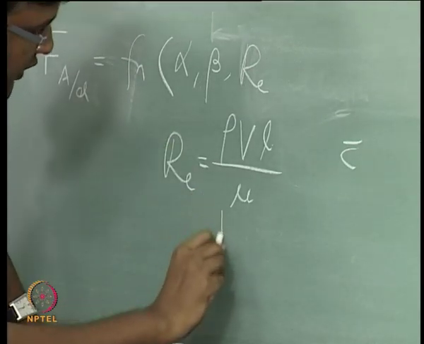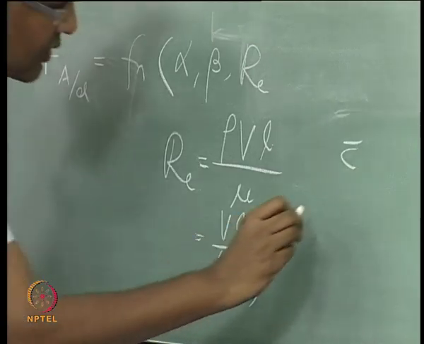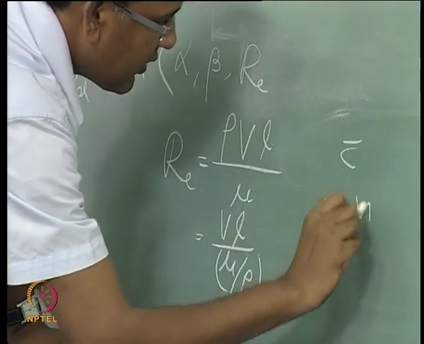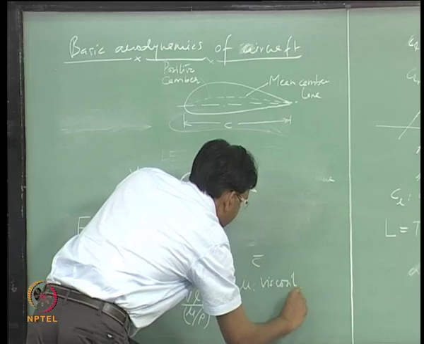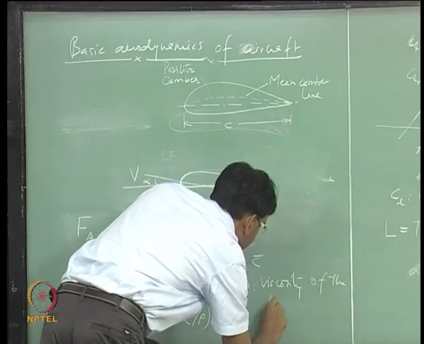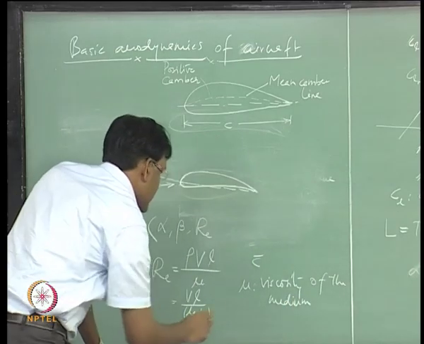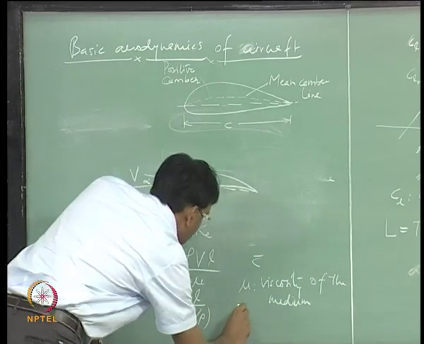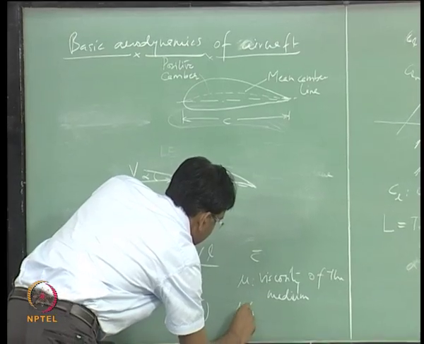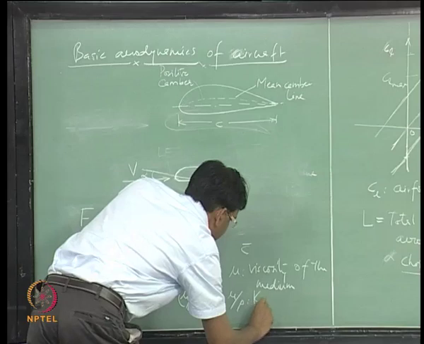So, you can also write this as, mu is the viscosity of the medium, and mu over rho is the kinematic viscosity.